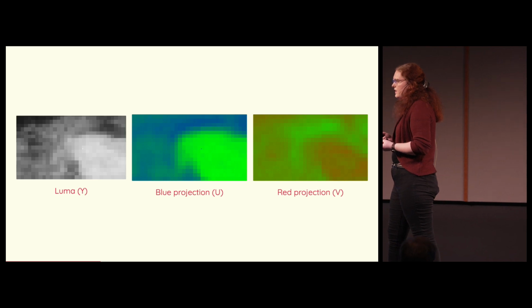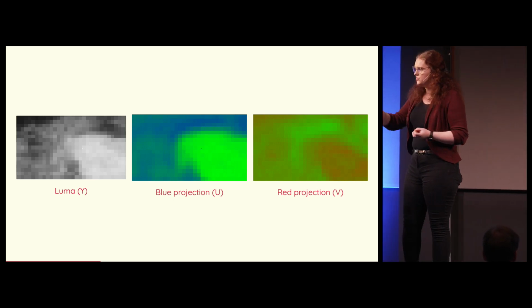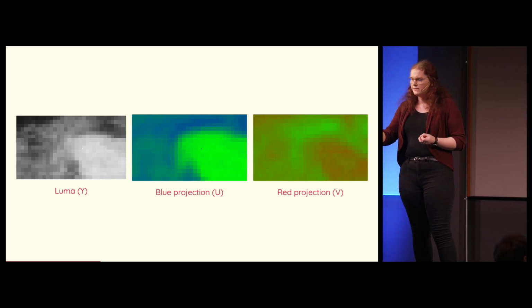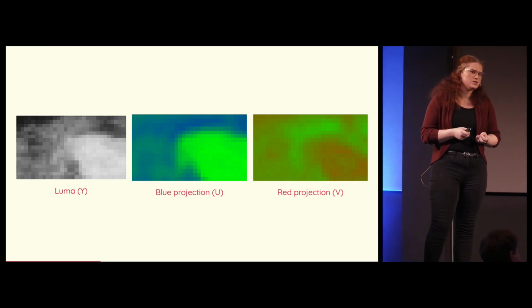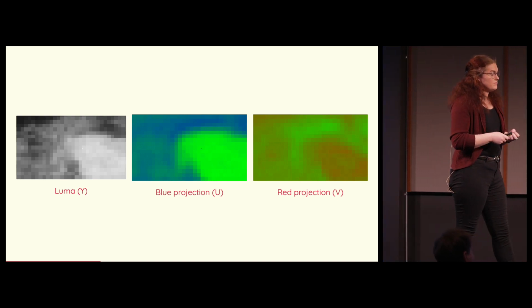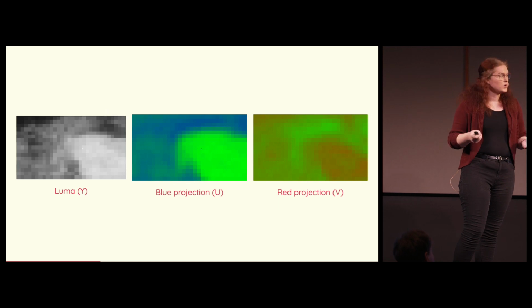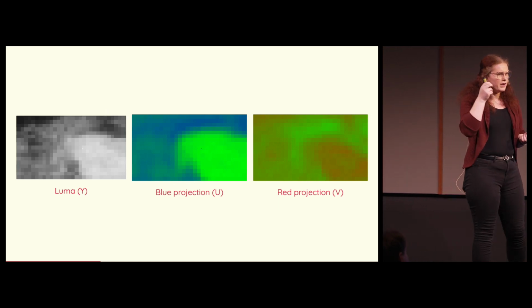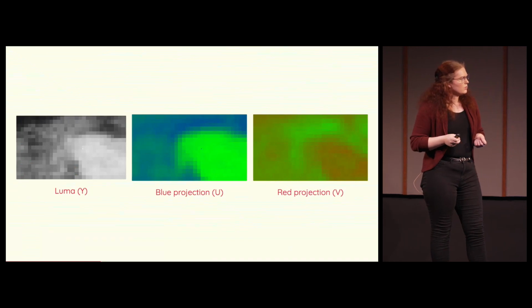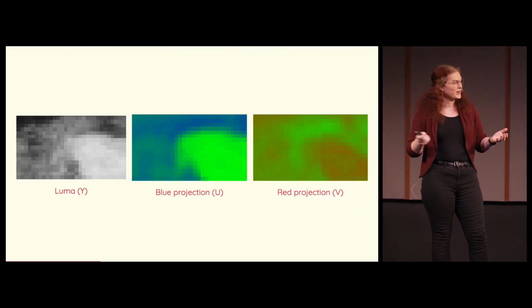For example, you see that there is a lot more movement or a lot more detail in the luma part of the image. This normally happens with most images, and it's something about how our eyes work. That's why it's so smart.